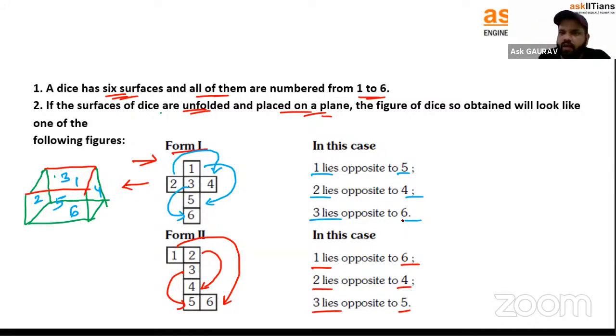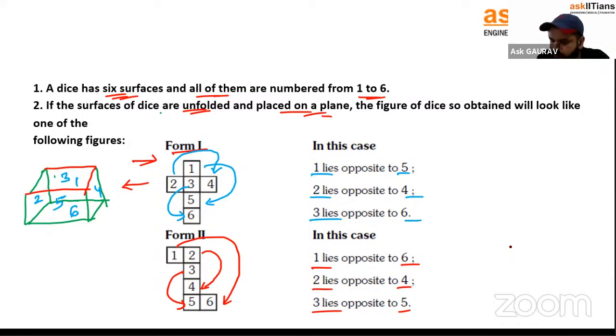Whenever an unfolded dice is given, the opposite sides are the alternate ones. Like 2 is alternate to 4. Just make one gap and you will see. 2, give one gap, then 4. So 2 and 4 will be opposite. 3, make one gap, it will be 5. 3 and 5. And then 1 and 6.